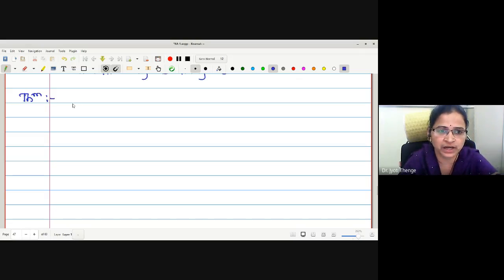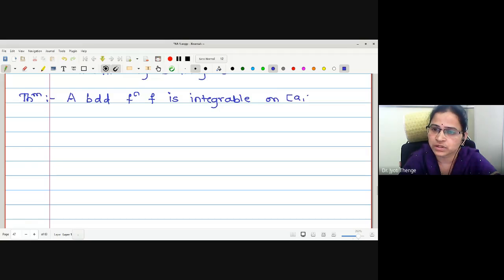Let me write: a bounded function F is integrable on closed interval AB.